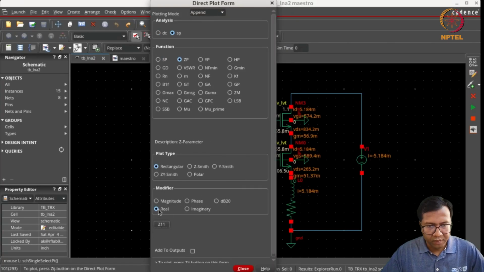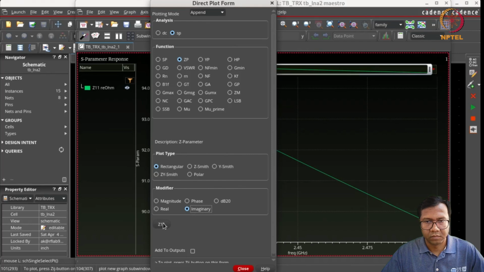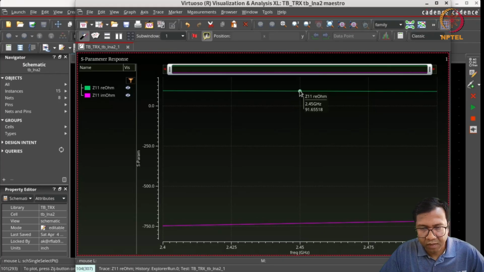So now we can plot the real and the imaginary part of the input impedance. We can see that the real part is around 90 ohms, whereas the imaginary part is minus 732 ohms. So the real part is coming out to be more than what we expected.